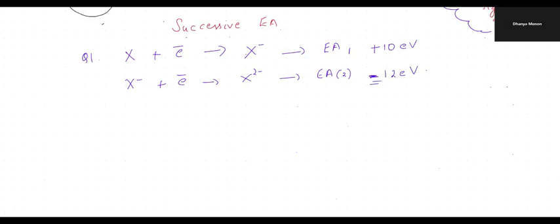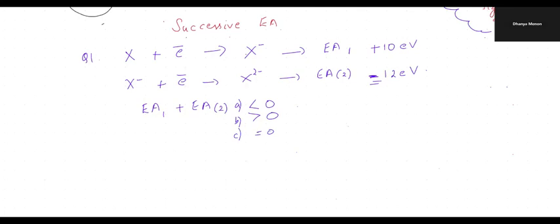So if I say electron affinity 1 plus electron affinity 2 is less than 0, greater than 0, or equal to 0, what will be your answer? It will always be less than 0.